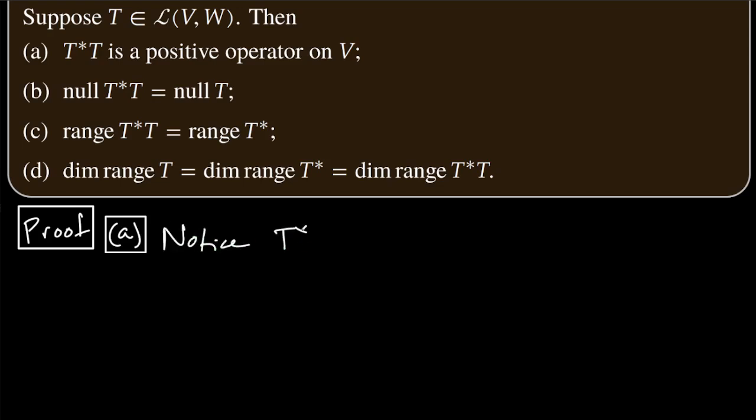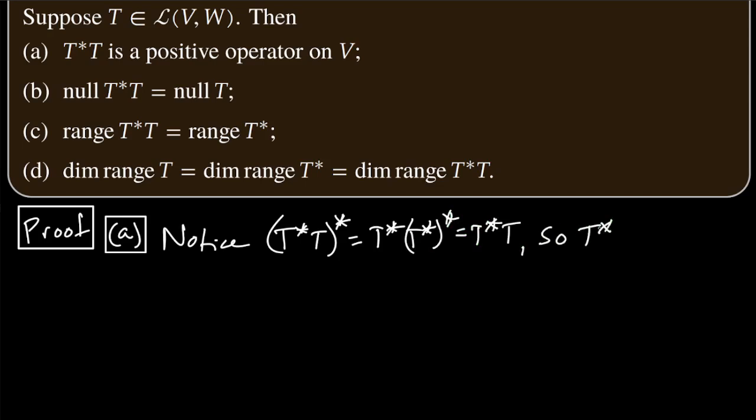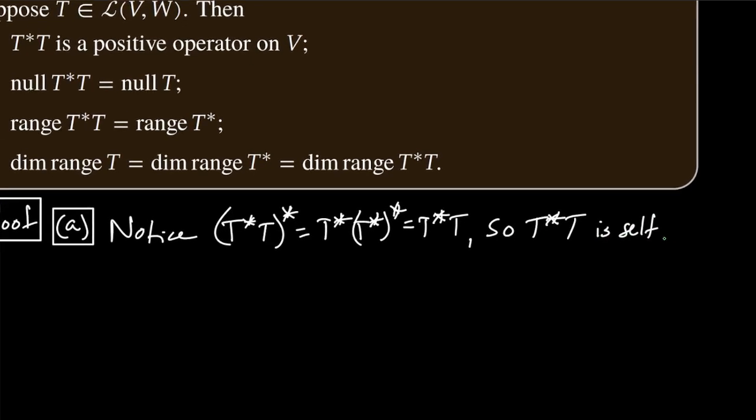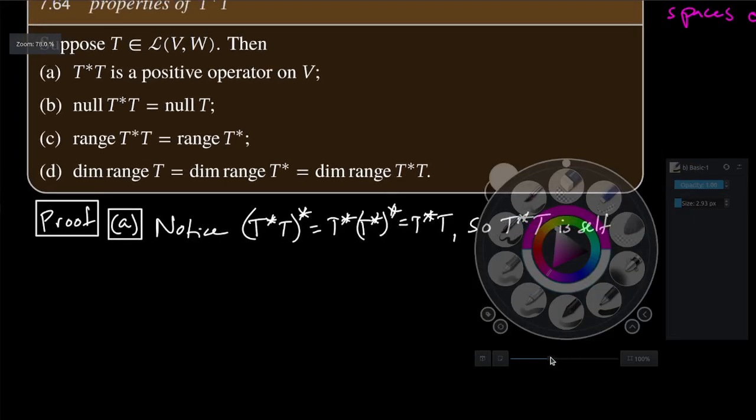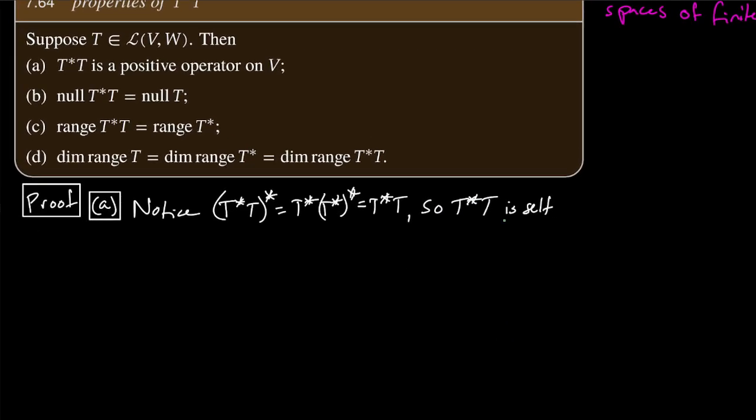Notice that (T*T)* is equal to T*T** which is T*T. So T*T is self-adjoint. Let me zoom out a teeny tiny bit. Okay, cool. So we've got self-adjointness.